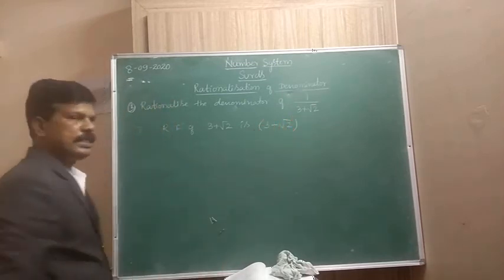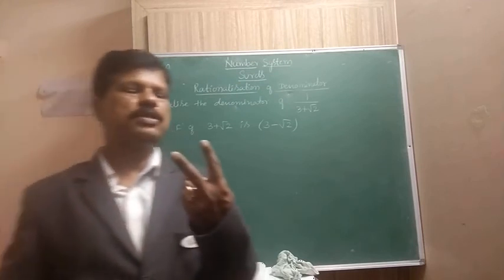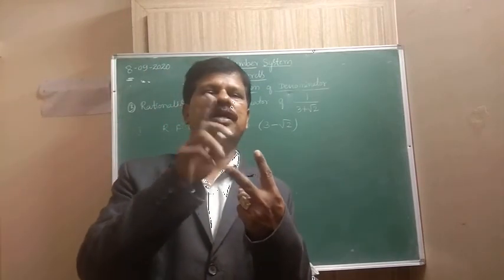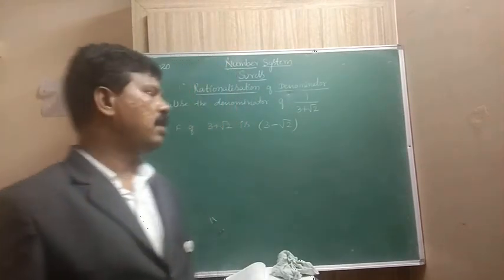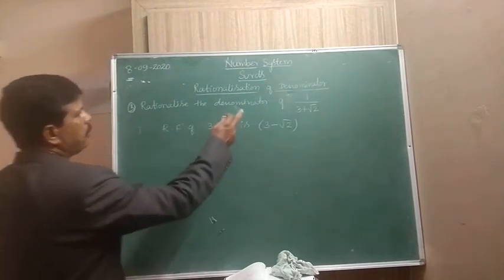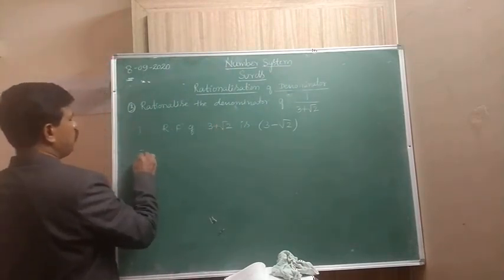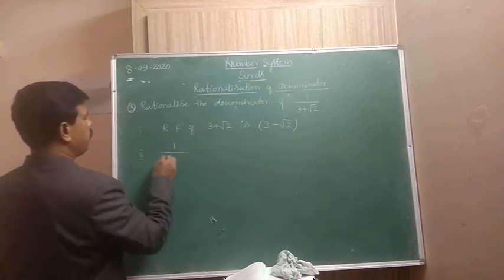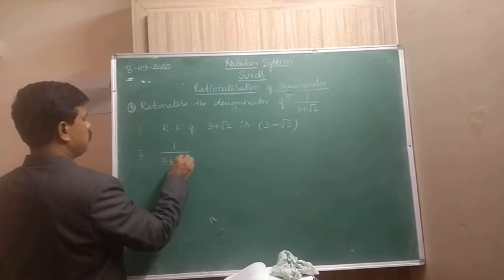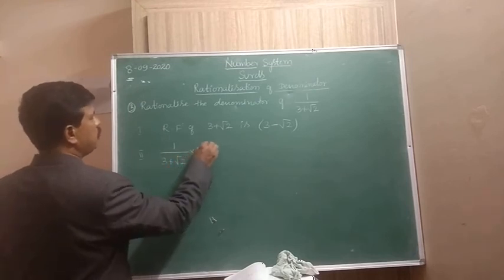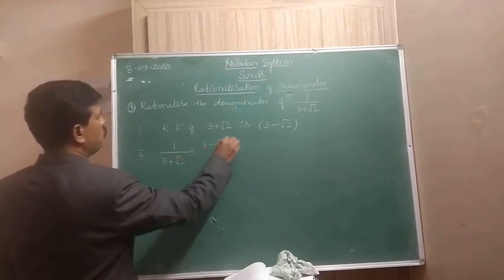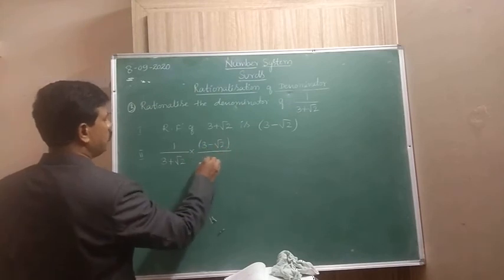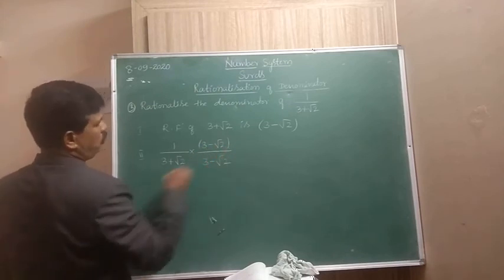So look at the changes. For a binomial, you change the middle sign only, not the first and last. Now multiply both numerator and denominator by 3 minus root 2. So 1 by 3 plus root 2 into 3 minus root 2 by 3 minus root 2.